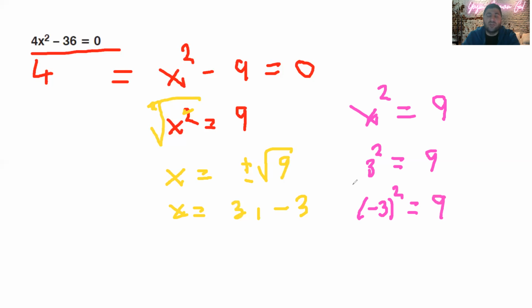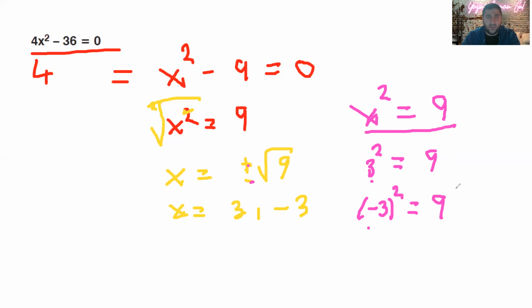That's why we take the square root of this quadratic equation. The reason we take the positive and negative is that there are two values that give us the same answer. One is this one, the other is this one. They both give us 9, so basically they both make this equation right. That's why we take the positive and negative.